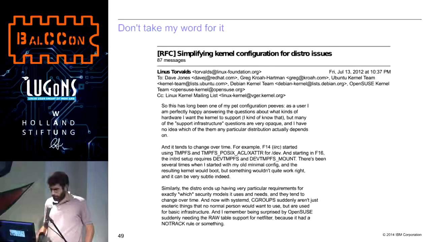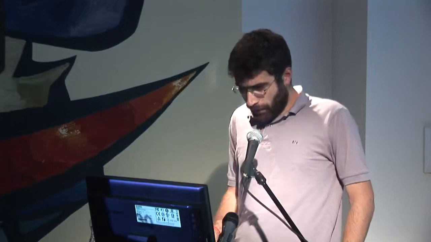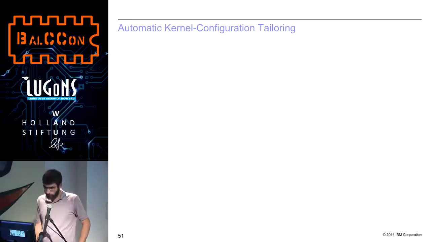That's an email from Linus Torvalds to the Linux kernel mailing list, where he says that the questions for the configuration are too opaque and he has no idea which of them a particular distribution depends on, because he would also like to have something close to a minimal kernel configuration. So we solve that problem by automating the task in a way. We do that by collecting traces at runtime.